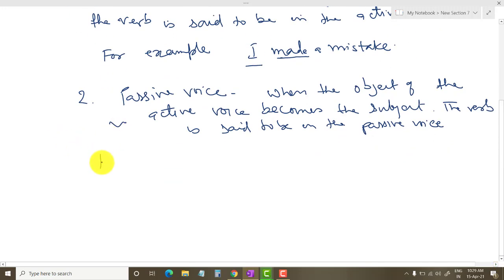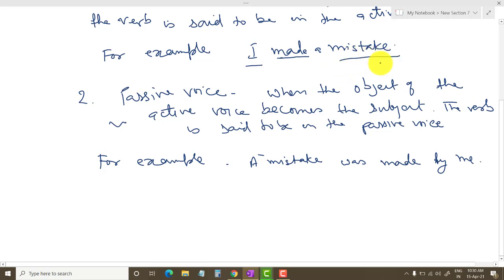For example, a mistake was made by me. Just see carefully: in the first sentence this is your subject, this is your verb and this is your object.